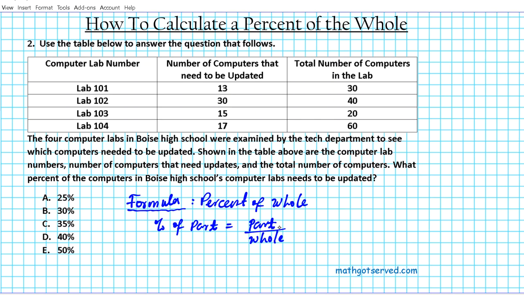So that gives you the fraction of a whole, in fraction form. If you divide it out, it gives you the part of the whole in decimal form. But when you multiply it by 100, that converts that fraction into percent form.